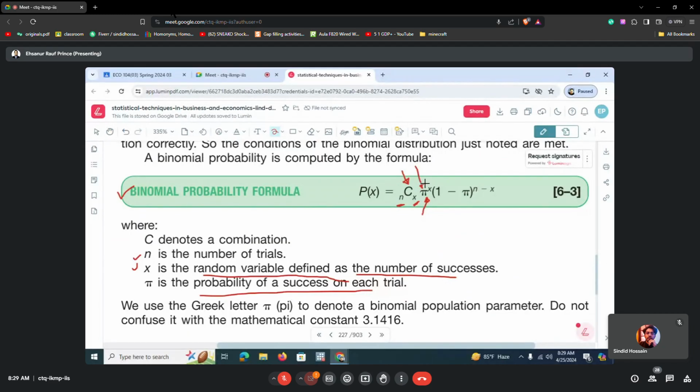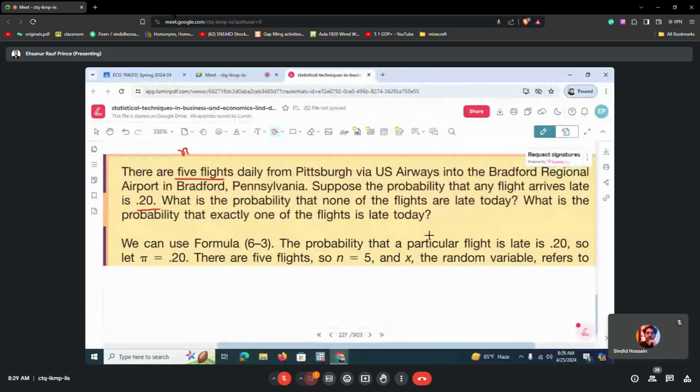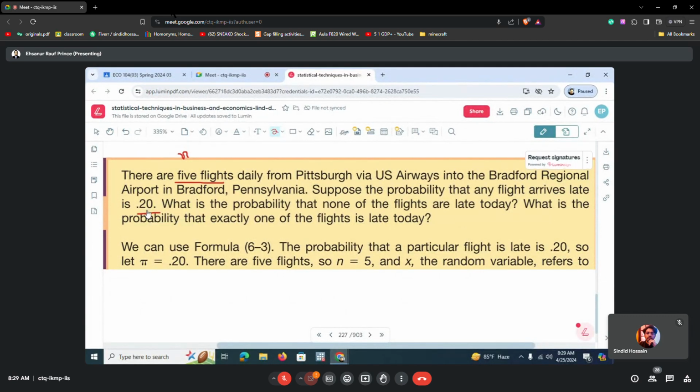Pi, the probability of success on each trial. So the pi value is 0.20. Please take a note. The pi is 0.20 because this is the probability, and in the binomial probability formula we express the probability with the help of pi.